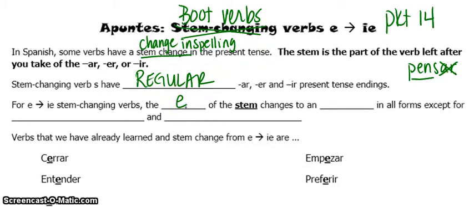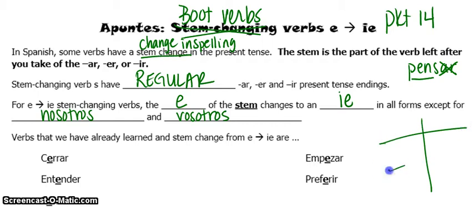For E to IE stem changing verbs, the letter E in the stem changes to an IE. This is the one that you already know, and it changes in all forms except nosotros and vosotros. The verb that we already know that does this is the verb tener. The yo form is special, so it doesn't follow that. But when you conjugate it, there's a change right here.